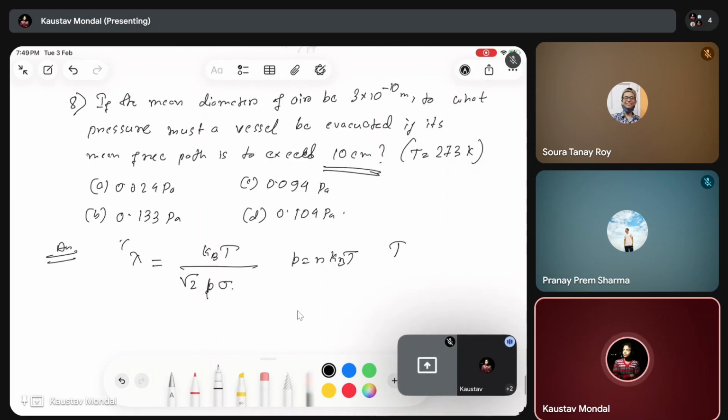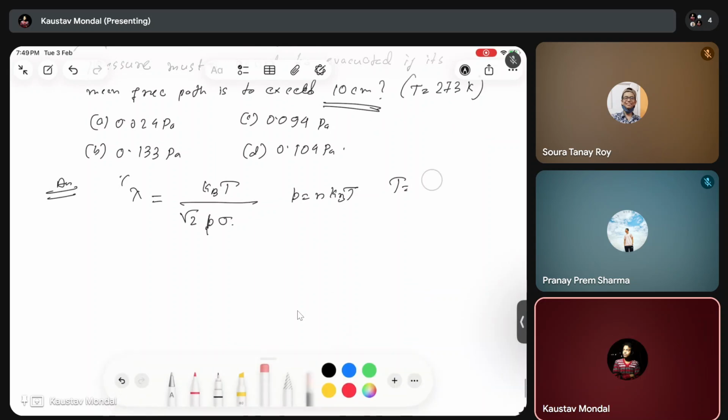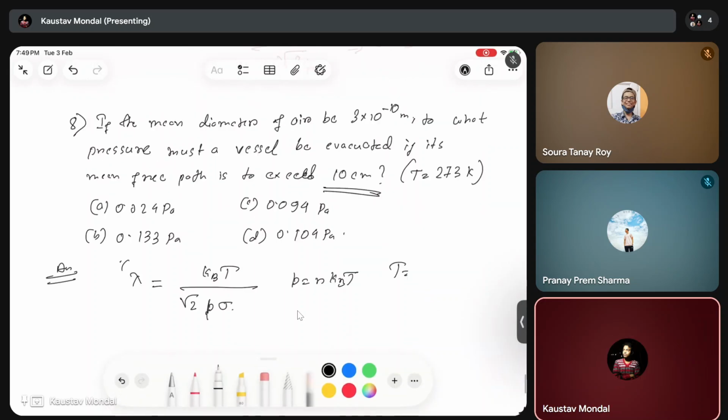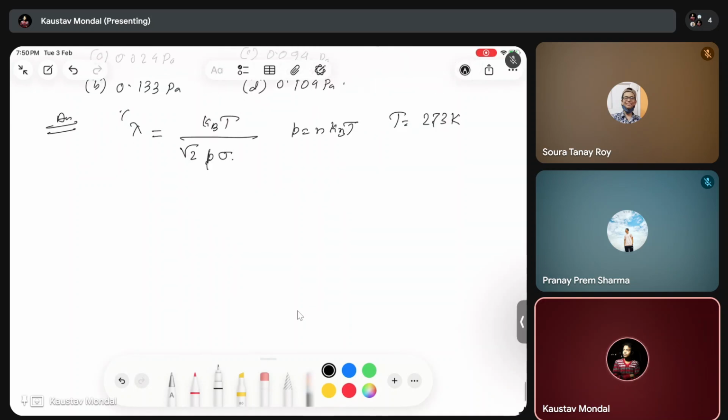Temperature is mentioned as 273 Kelvin. The expression of pressure in terms of lambda would be P equals kBT by root 2 lambda sigma.